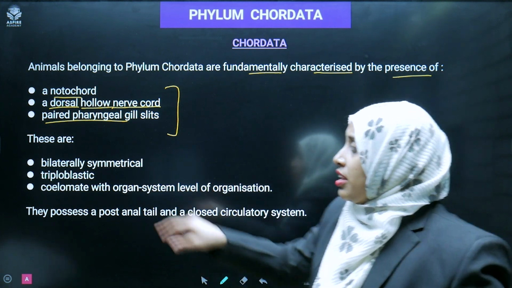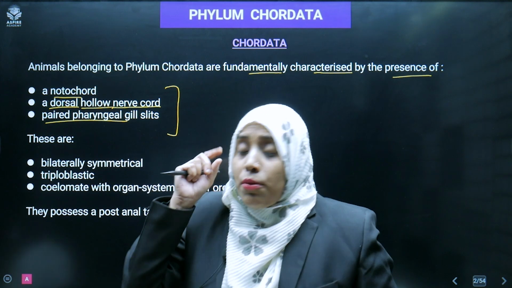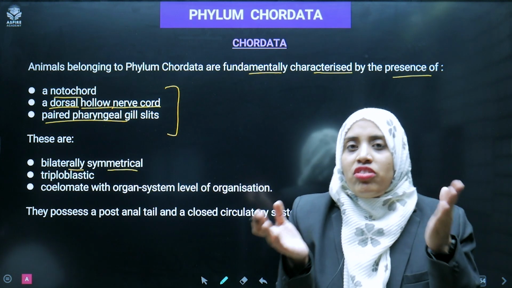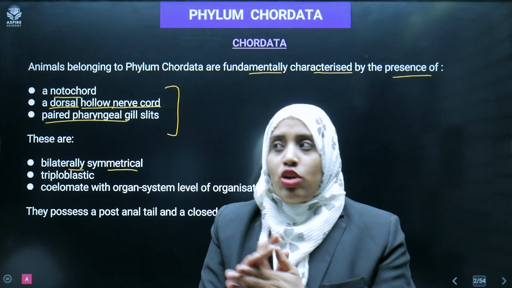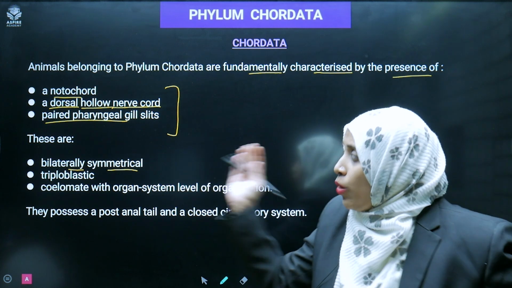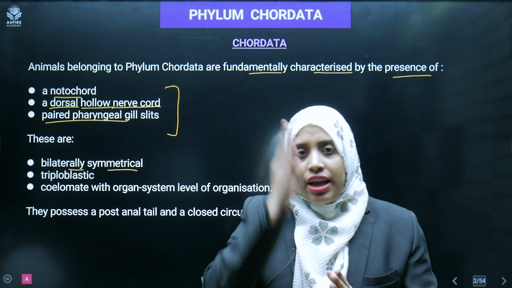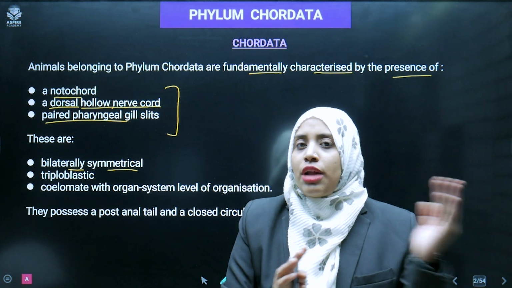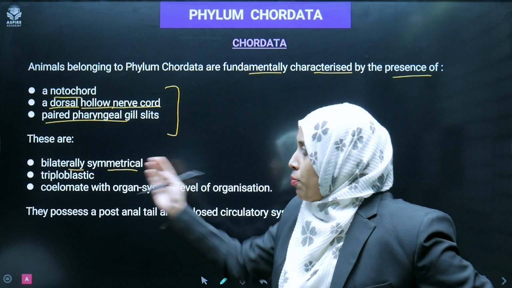Another thing, chordates are mostly bilaterally symmetrical. That means if we try to divide the body of a chordate, we can divide it equally. If you cut it into halves, you will see that both sides are equal. So there is bilateral symmetry.